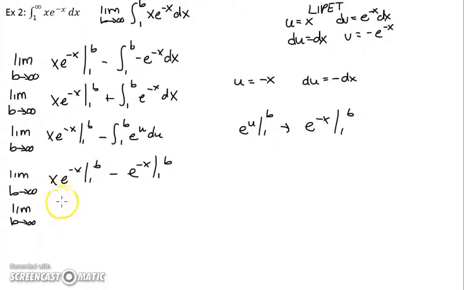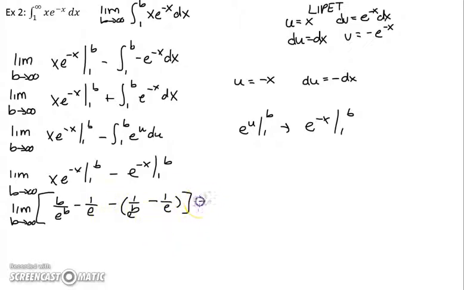E to the negative b is 1 over e to the b, minus 1 times e to the negative 1, so that's really just 1 times 1 over e, minus, and let's make sure we put this piece in brackets, e to the negative b is 1 over e to the b, minus e to the negative 1, so that's 1 over e.